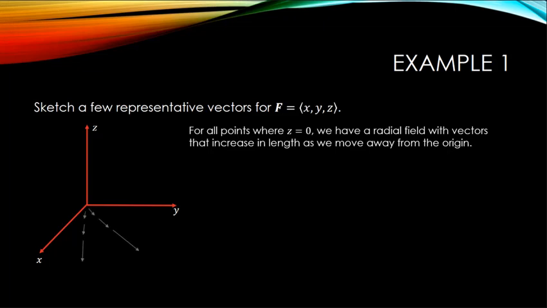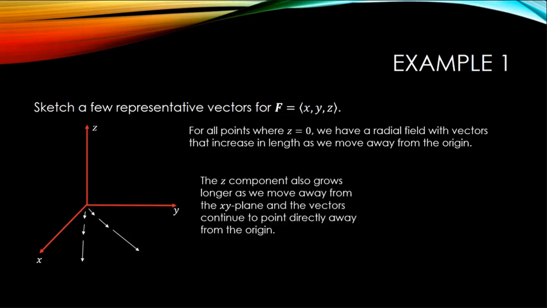So in the xy plane, I'm going to sketch some representative vectors indicating that increase in length as I move away from the origin. And now I think about my z component, which also grows longer as I move away from my xy plane, and they all point directly away from the origin, so a few vector examples here will be vectors that point off into space away from the origin of my three-dimensional system, with vector lengths growing longer the further I get away from my origin.